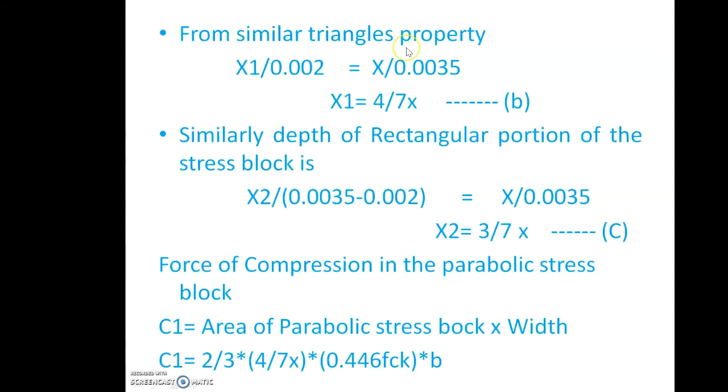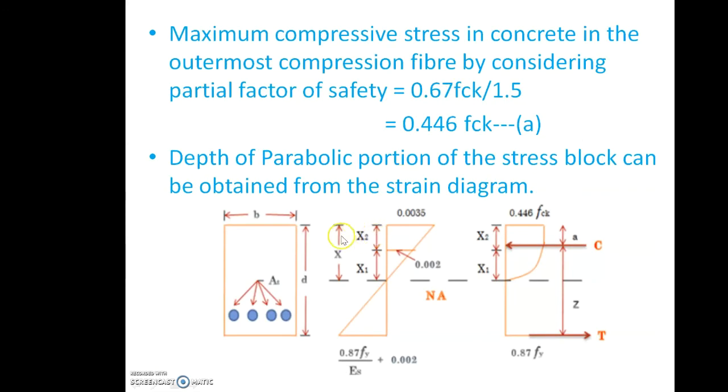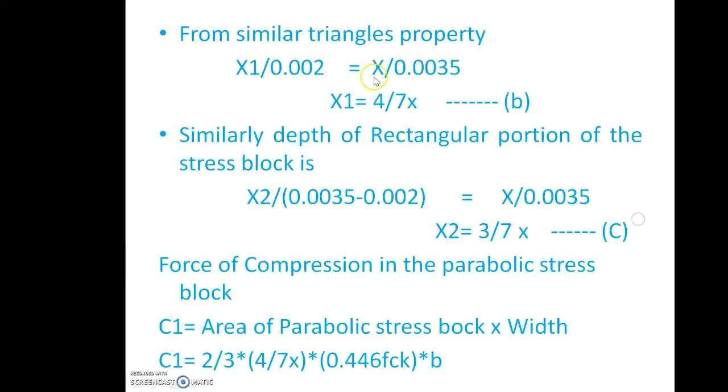So from similar triangles property, x1 divided by 0.002 is equal to x divided by 0.0035. So let us take the similar triangles in this particular section. x divided by this particular value and x1 divided by this particular value, we will get x1 is equal to 4 by 7 into x.